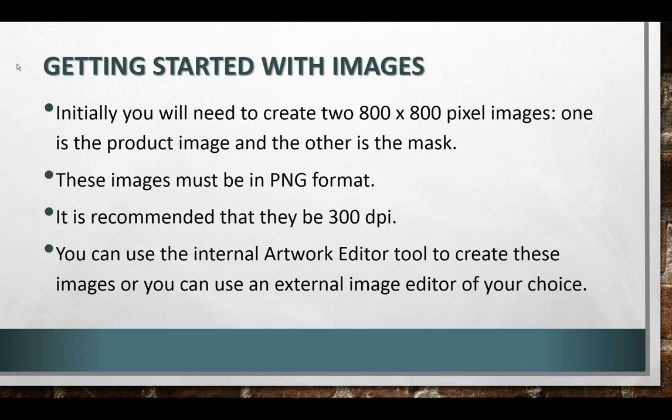You can use the internal artwork editor tool to create or edit these images, or you can use an external image editor of your choice. For this example, I'm going to be using the internal Pixlr artwork editor just to show you how that works.